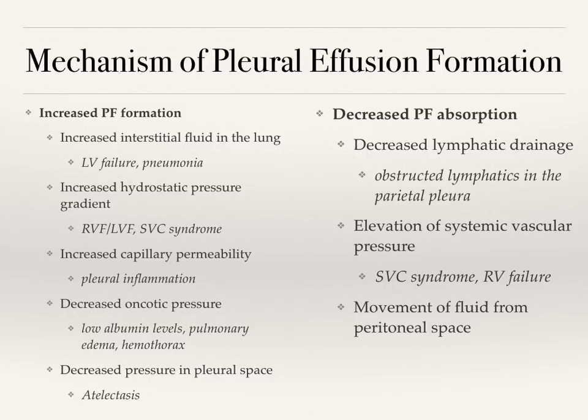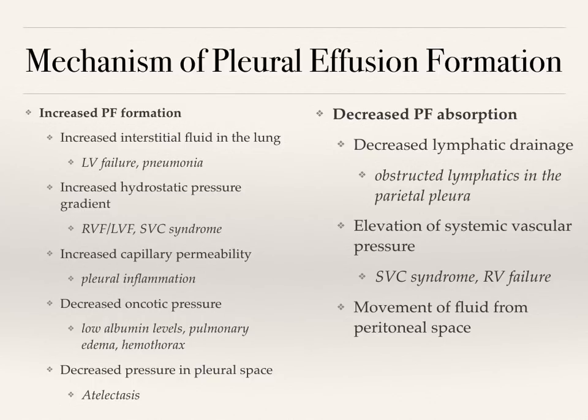Or there may be an increased capillary permeability coming from pleural inflammation, or a decreased oncotic pressure brought about by low albumin levels, pulmonary edema, or cases of hemothorax. And finally, a decreased pleural pressure in your space brought about by atelectasis.